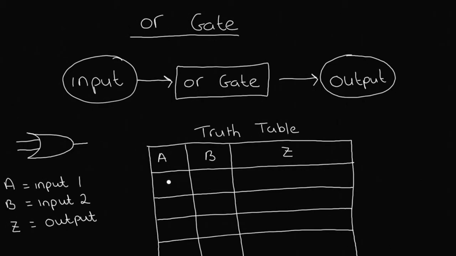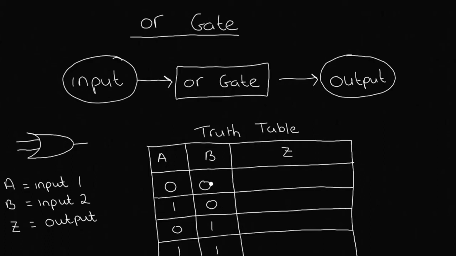So let's say the first example we could have is 0, 0. So both A and B could be 0. Our second possible input could be 1, 0. And another input could be 0, 1. And finally, our 2 inputs could be 1 and 1.